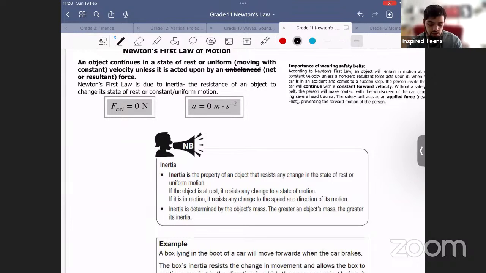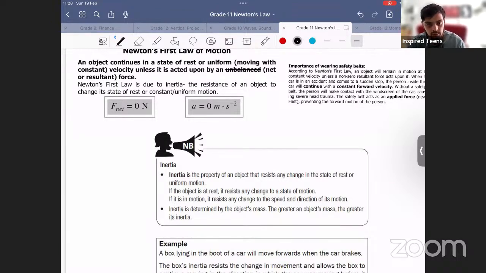Newton's first law is due to inertia, which is the resistance of an object to change its state of rest or constant uniform motion. We'll go through that in a bit. It's important to note that F net is equal to 0 newtons and the acceleration is 0. We'll come back to those concepts.